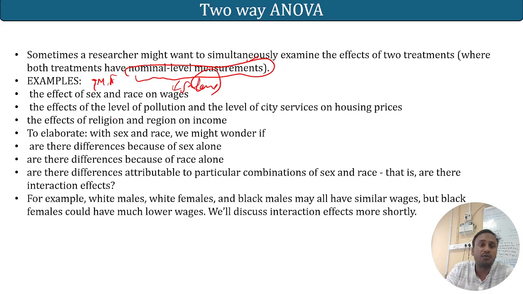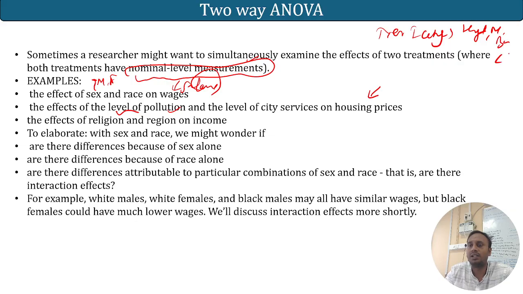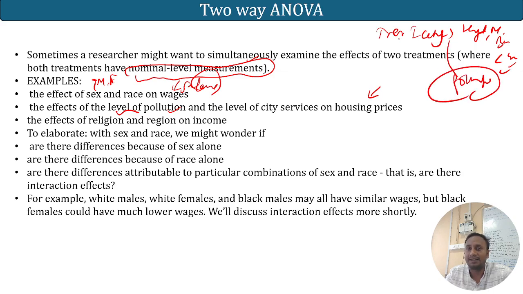Or the effect of the level of pollution, or the level of city services, on housing prices. Let's say tier 1 cities: Hyderabad, Mumbai, Bangalore, and Chennai. Based upon that, pollution will be one factor, the city tier, and then housing prices will be another factor. So we have to check them all together, because we can't simply take them independently.